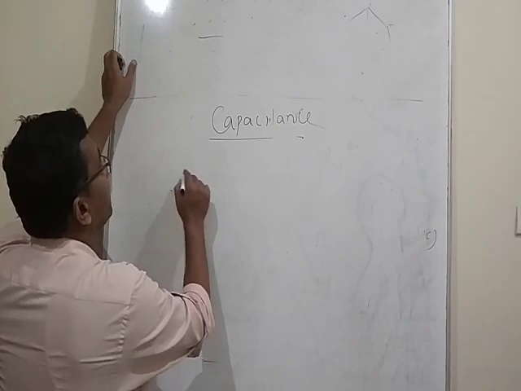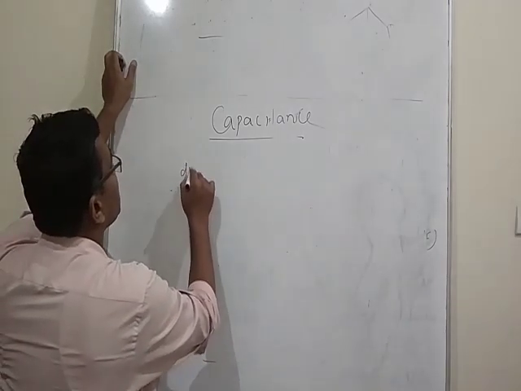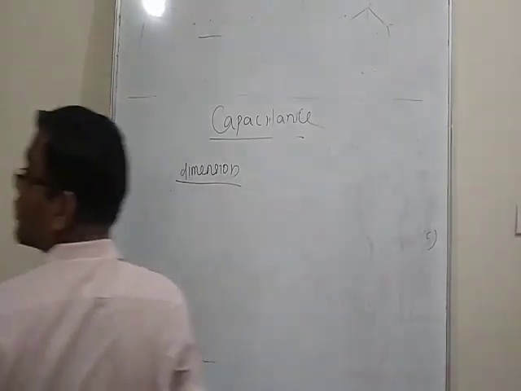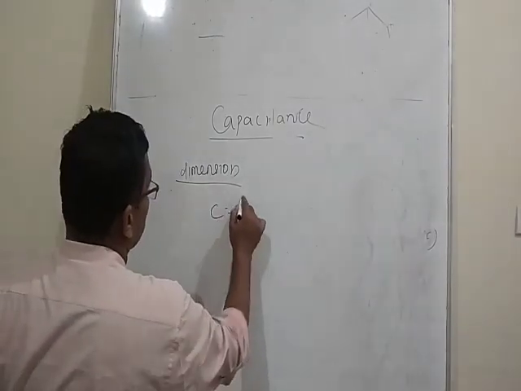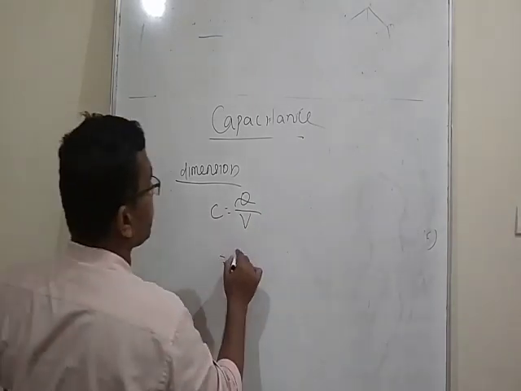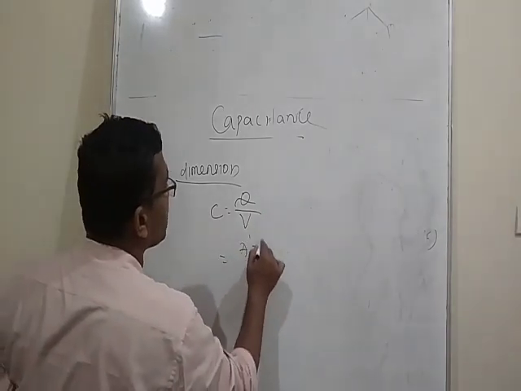Now let us see the dimension of capacitance. C is equal to Q by V. Q is coulomb, and coulomb is A1 T1.